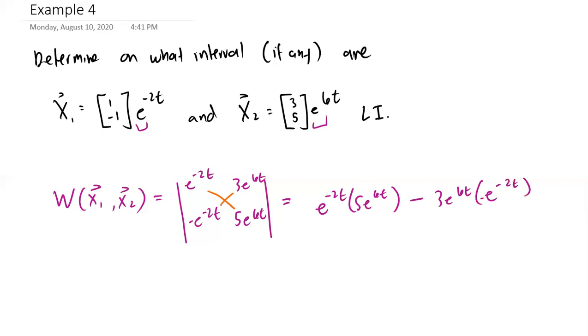Let's simplify this. We can add the exponents, so 5e to the 4t minus, or plus, because we have a minus, 3e to the 4t, which is just equal to 8e to the 4t. And again, this function, you can look at the graph, is never equal to 0.